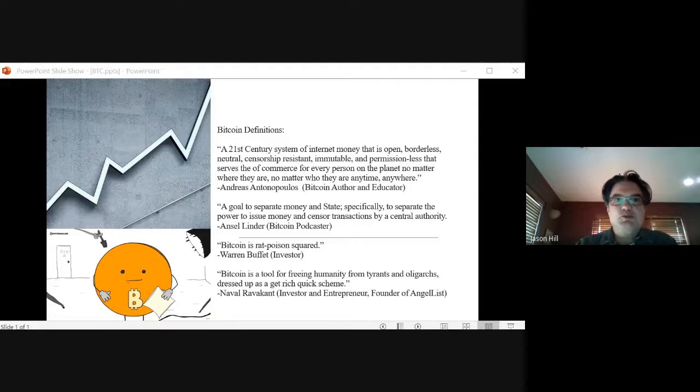And then the last one is probably my favorite quote about Bitcoin of all time. Bitcoin is a tool for freeing humanity from tyrants and oligarchs dressed up as a get-rich-quick scheme. And that's from Naval Ravikant. He's the founder of AngelList. And hopefully by the end of this talk, you'll have a little better understanding of why I like that one so much.